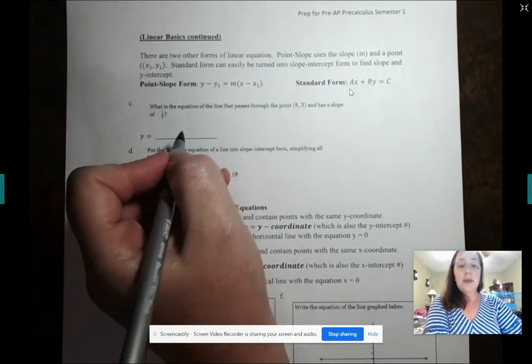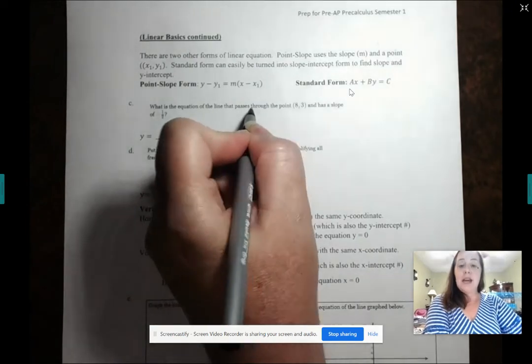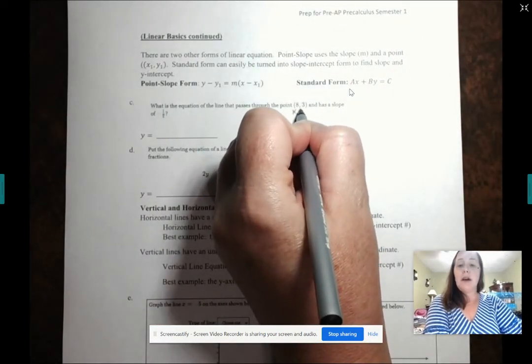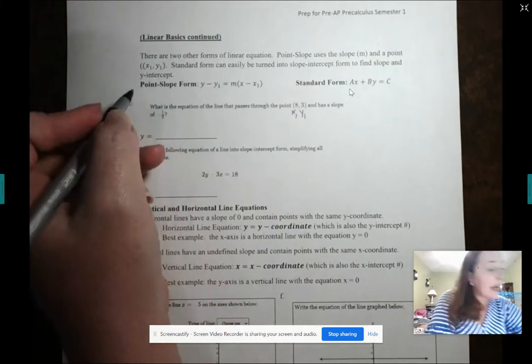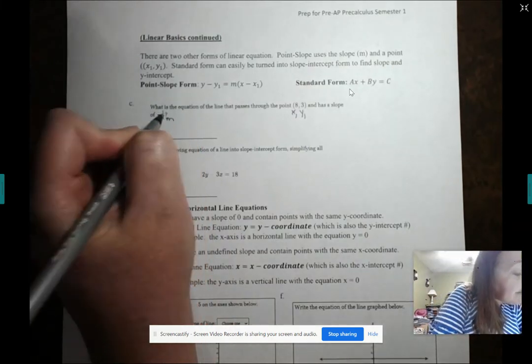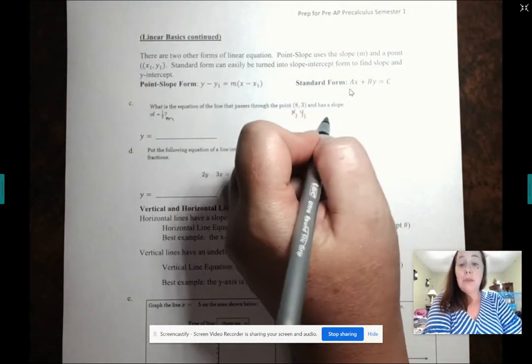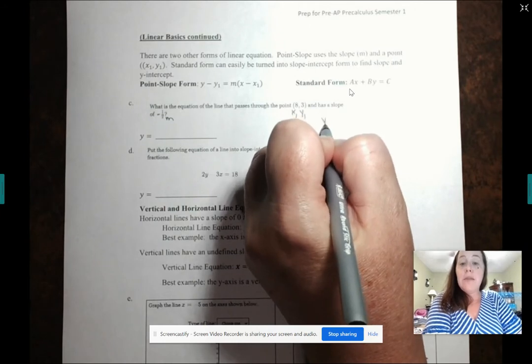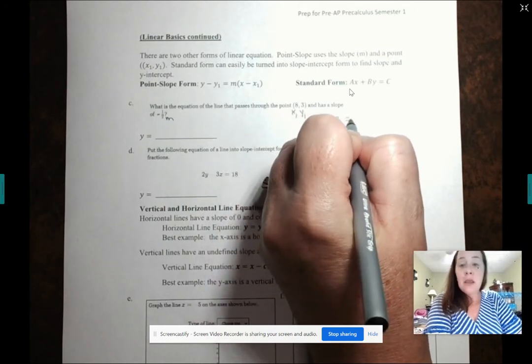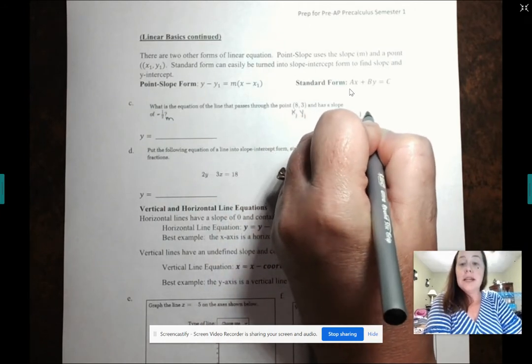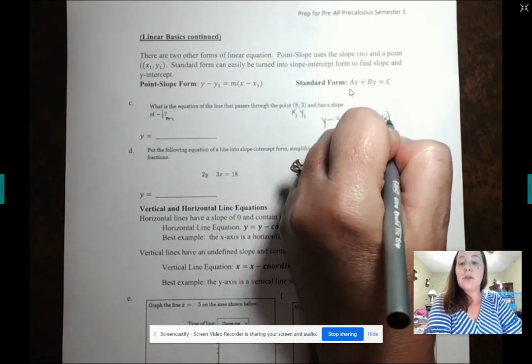So an example would be, what is the equation of a line that passes through this point? So I have a single x and a single y, and I have a slope of -1/2. So I'm going to have to put that in point-slope form. So y minus the y coordinate equals the slope times x minus the x coordinate.